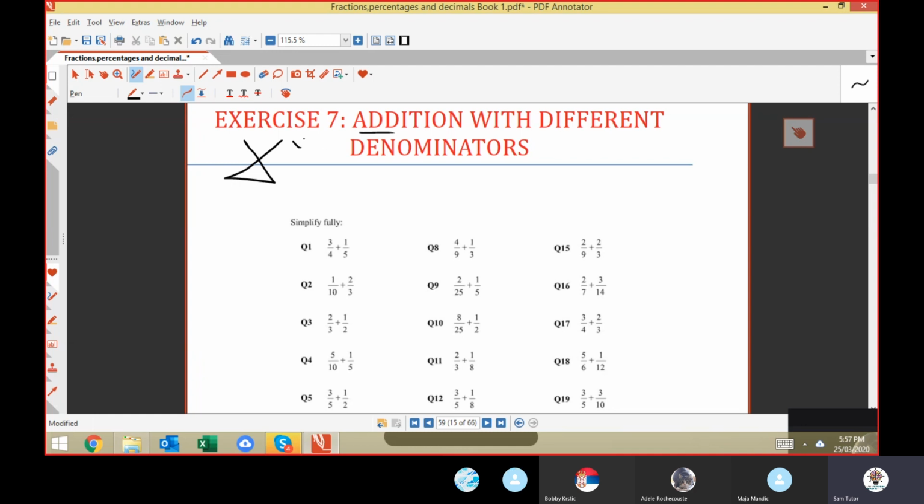It's more about timesing. You want to remember this shape. So the way it works is 3 times 5, like that. Let me just write it up here. 3 times 5 plus 1 times 4 all over 4 times 5, 20.